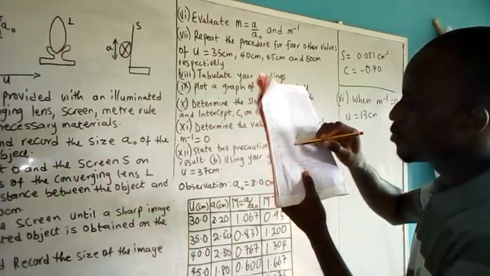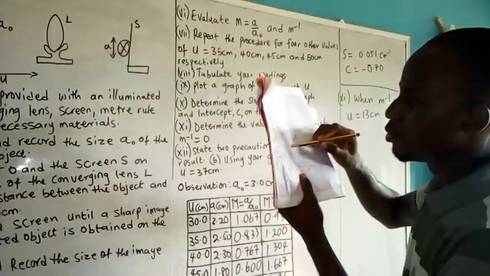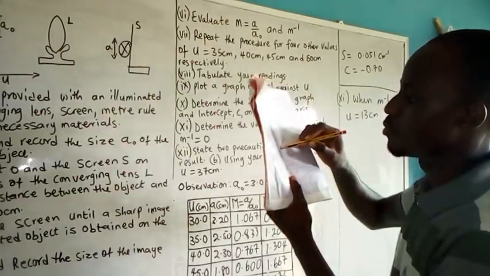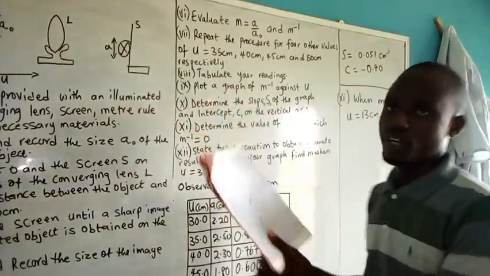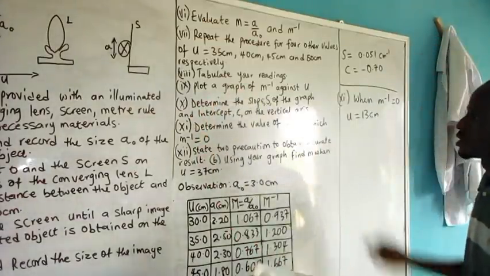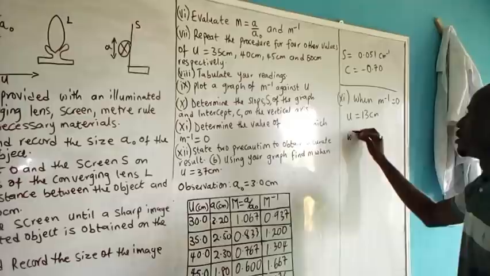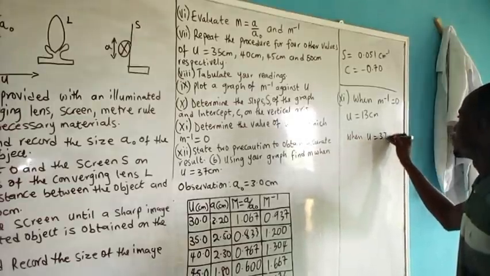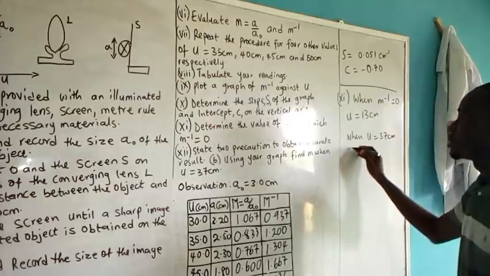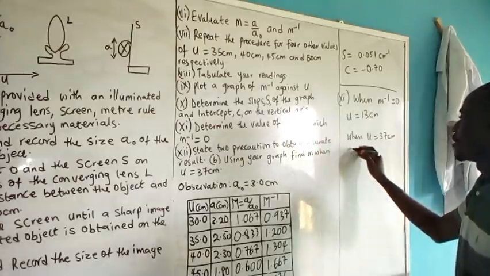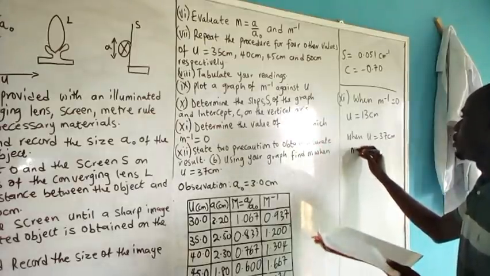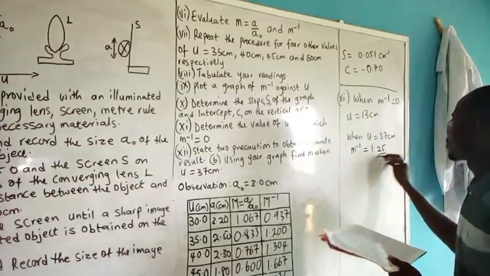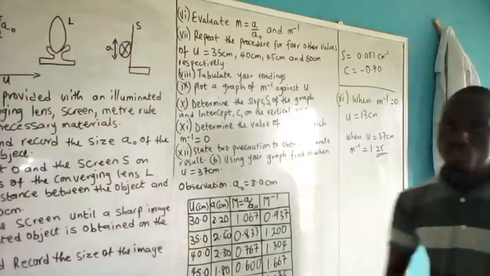On touching the graph, I am having 1.25. So when u is equal to 37 centimeter, we are going to have our m inverse to be 1.25. So that marks the end of the question.